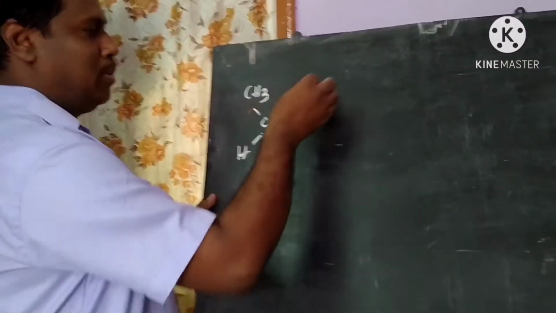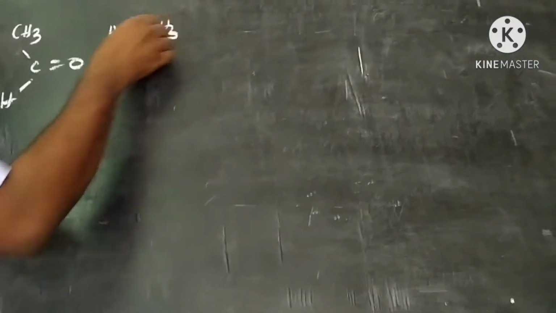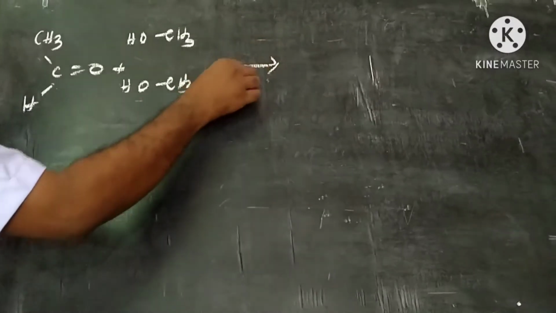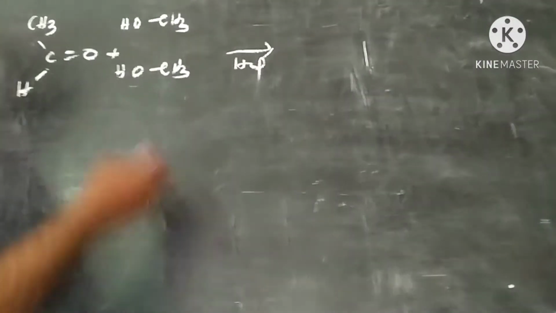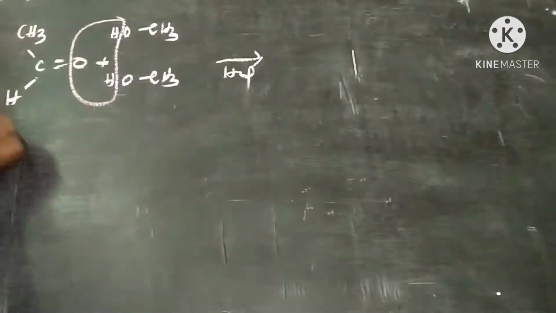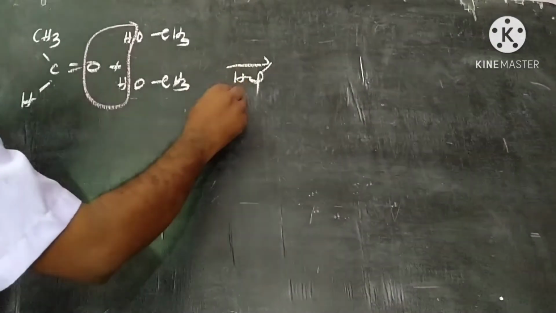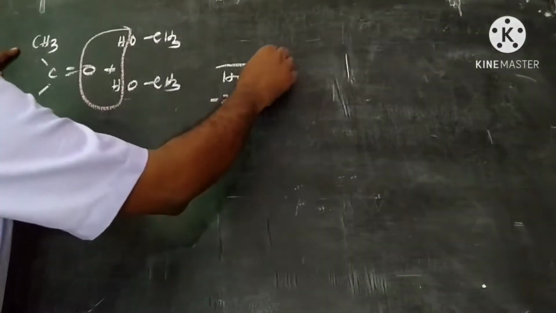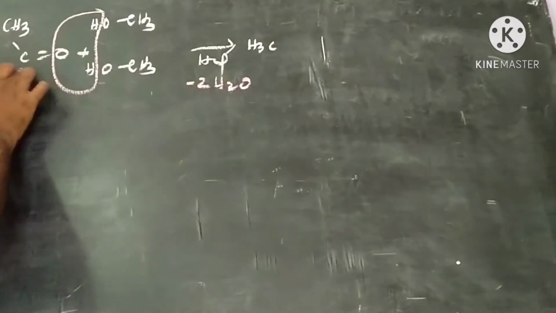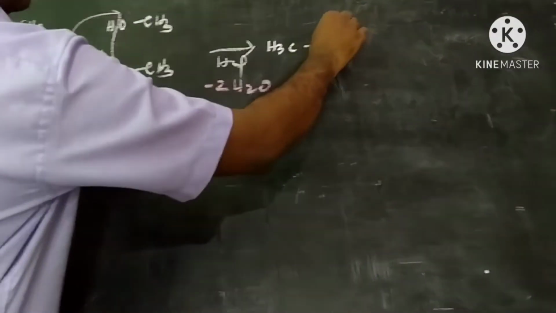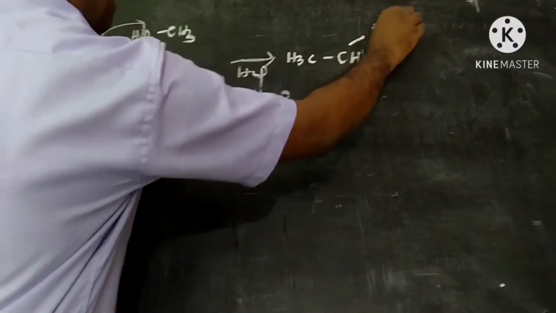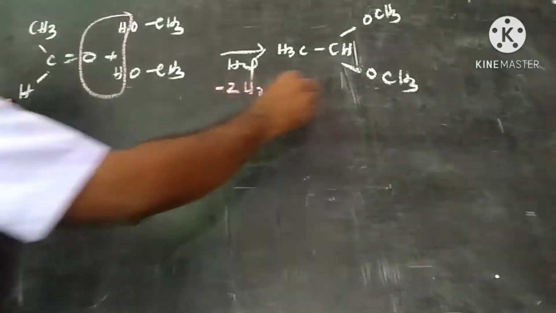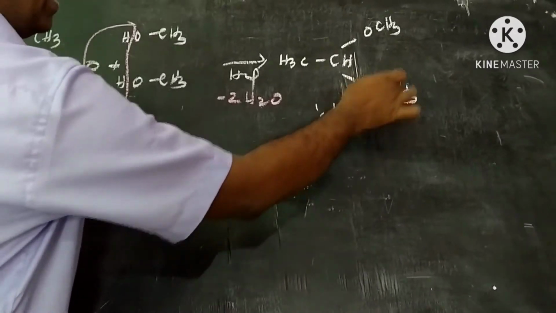Methyl alcohol, for our convenience, we will split and write as O CH3, H, O CH3, 2 moles in the presence of HCl. So we can remove like this, minus 2H2. Then we write the remaining balance together: CH3, CH, with OCH3 and OCH3. That is 1,1-dimethoxy.